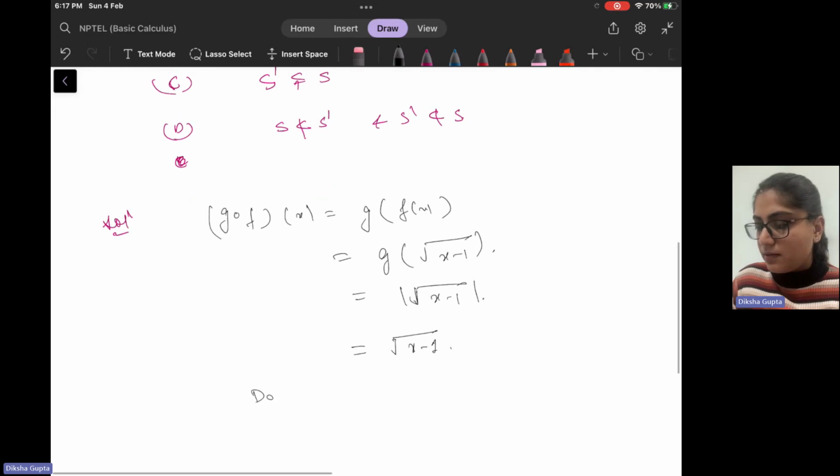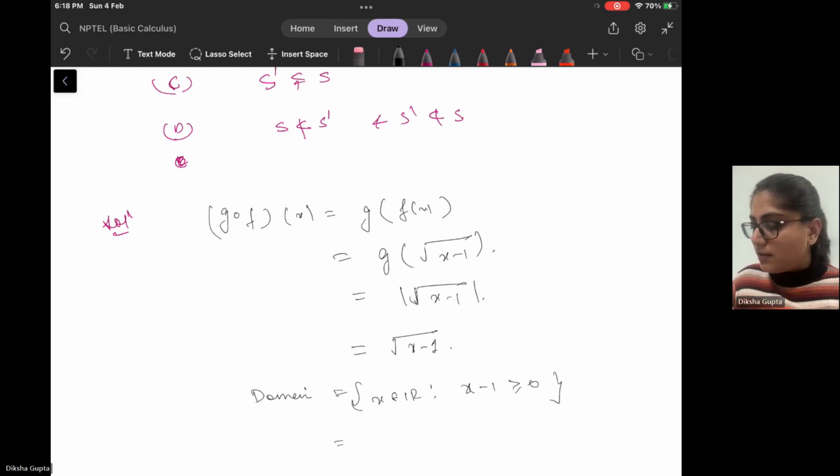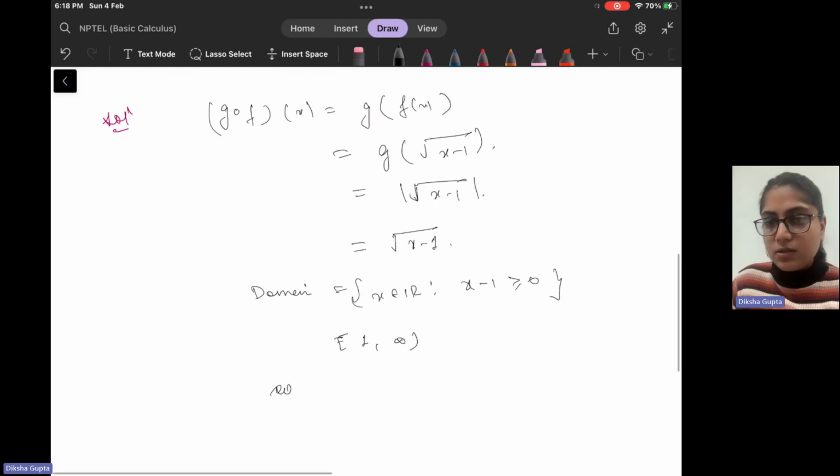So the domain is all those x belonging to R such that x minus 1 is greater than or equal to 0. That is, what is this interval? 1 to infinity. So S is 1 to infinity.